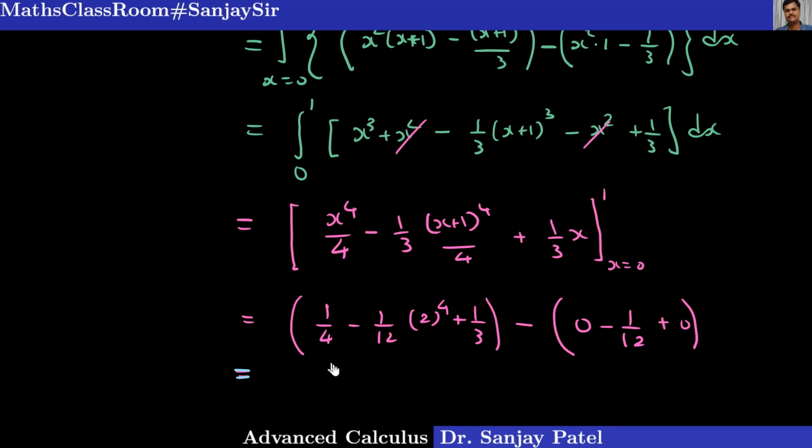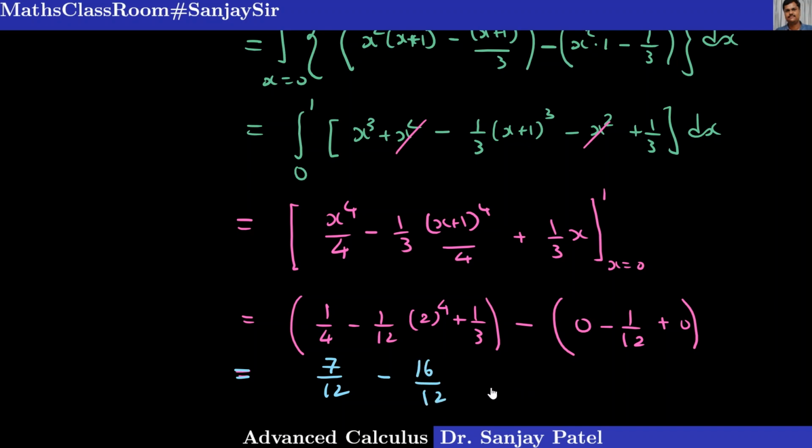So this is 1 upon 4, then 1 upon 4 plus 1 upon 3 is 7 by 12. So let me write this directly. It is very simple. 1 upon 4 plus 1 upon 3 is 7 upon 12. Then this is 2 raised to 4, so it is 16 upon 12.